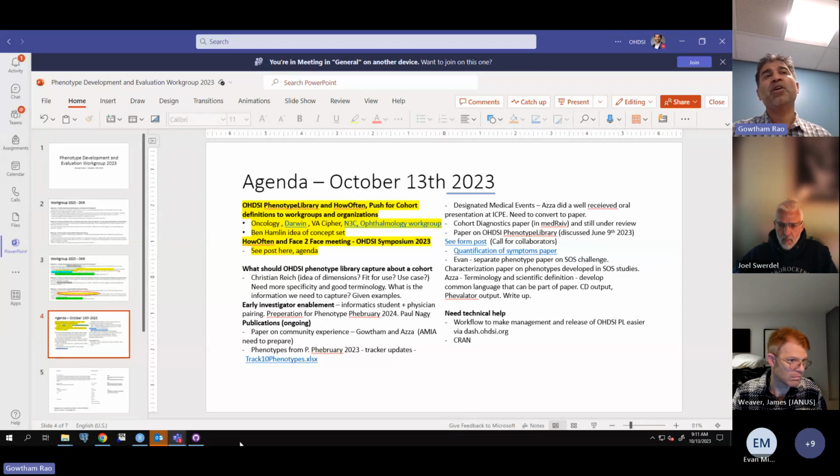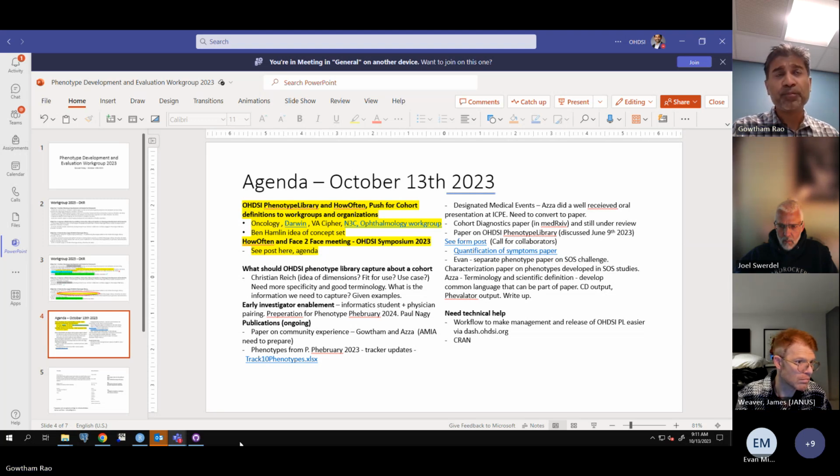What was unique about the conversation with VA Cipher is they said their mission of enabling their community was in line with the OHDSI mission, and when it comes to VA work that centers around OMOP and OHDSI, they may just redirect that conversation to OHDSI itself and use the OHDSI Phenotype Library as the infrastructure for all VA work, which is fantastic.